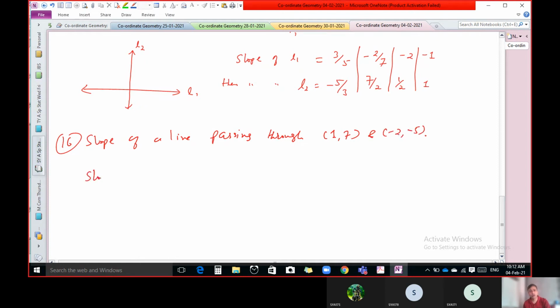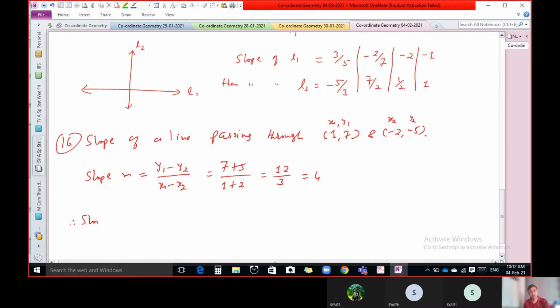So what is the slope? m equal to, which formula we have to use here? (y1 minus y2) upon (x1 minus x2). You can consider this is your x1, y1, this one is your x2, y2. Okay, tell me the answer. 7 plus 5 upon 1 plus 2. 12 upon 3.